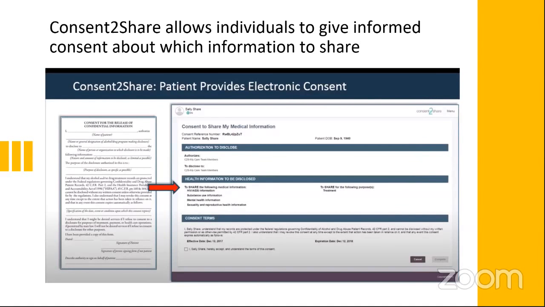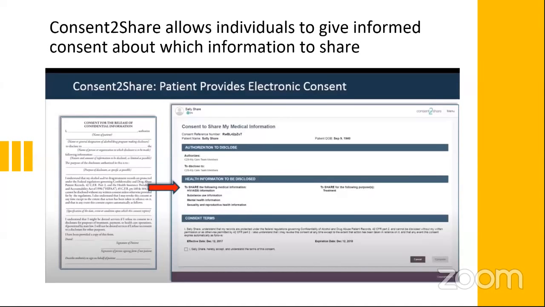So as Brian mentioned, part of putting the patient at the center of their care, SAMHSA created a mobile app. It's actually a SMART on FHIR app that handles consent, takes consent out of a paper form and moves it into the electronic realm. And you can see a picture of it here on the screen. This is what it looks like. But it's an informed affirmative consent that the patient can give.